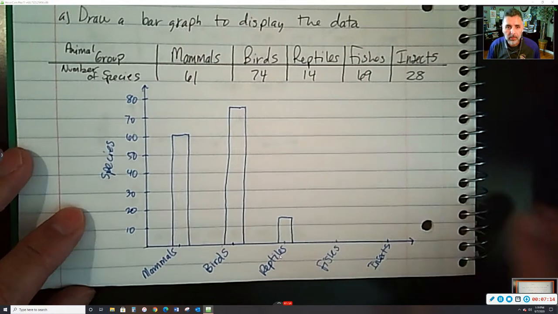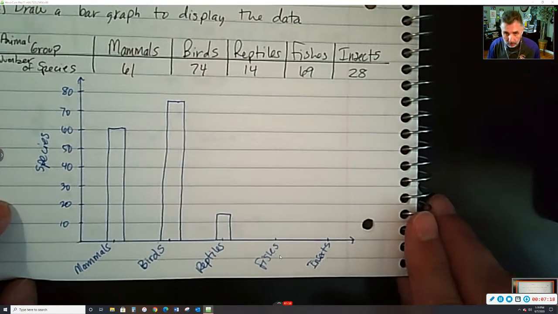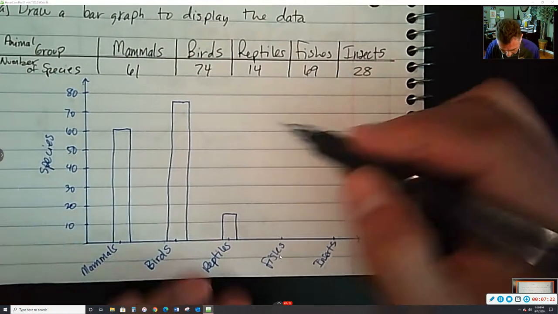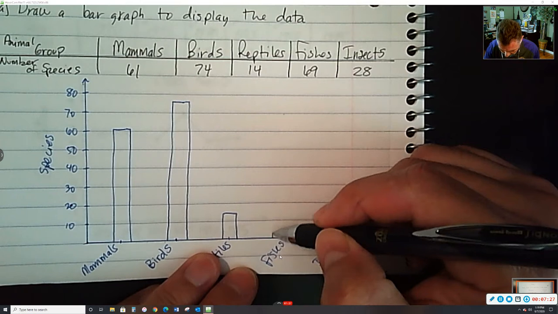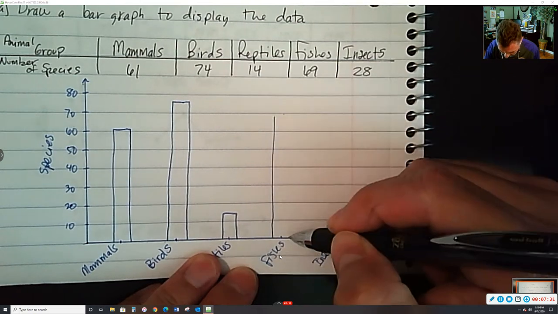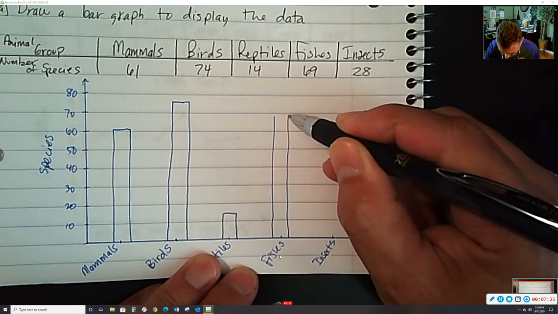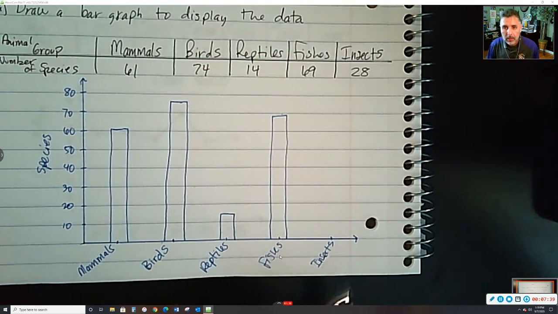Fishes, 69 fishes, so that's going to be right below the 70. I'm going to move it over a little. 69 fishes, so this is the 70 mark. So it's going to be right below that. Let's kind of go up to the line, not necessarily touching the line. I'm going to go up on both sides to try to keep these the same length. Insects, 28 insects.